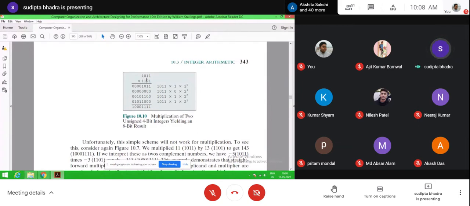Now when the multiplier bit is 1 again, here at the second position, 2 to the power 2, you see the multiplicand is shifted 2 times to the left.